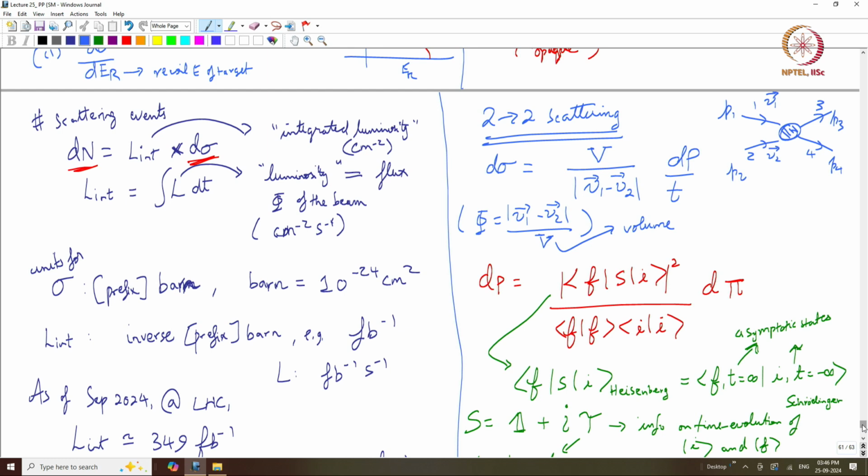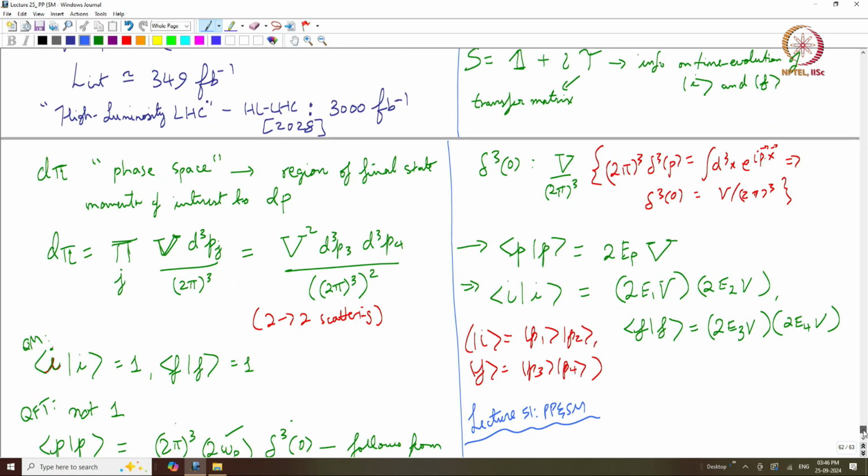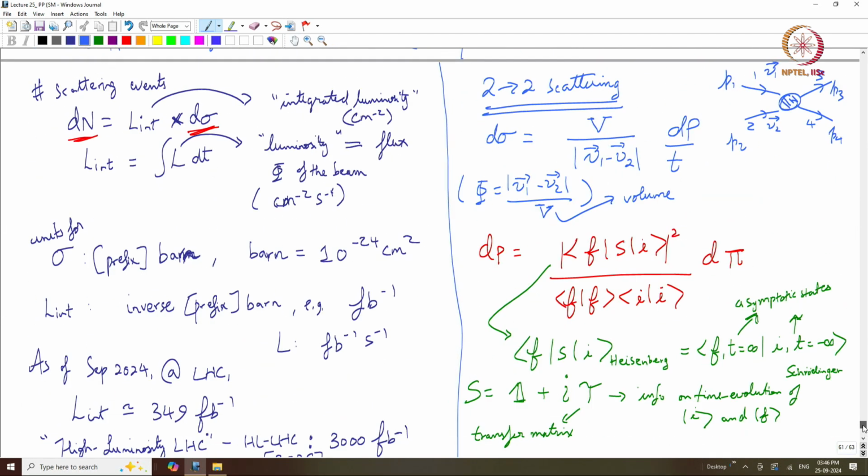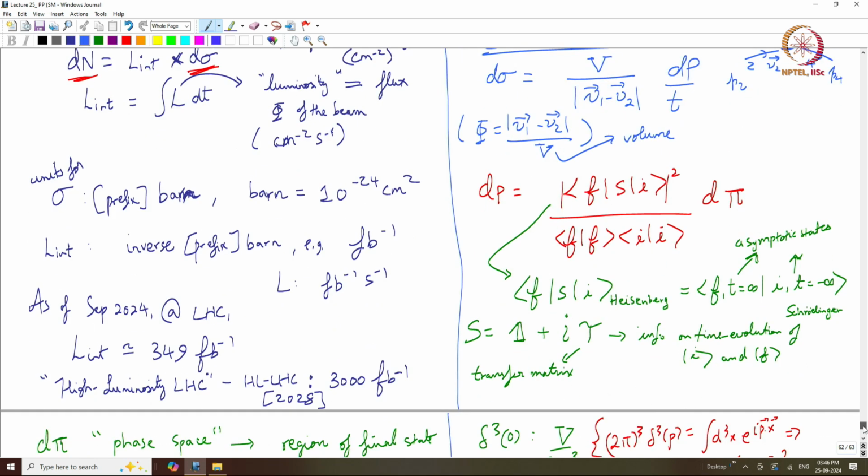So, you integrate the flux over the time of the running of the beam, that gives you the integrated luminosity, which is a measure of how much data you have to work with. And then we came back to 2 to 2 scattering and tried to derive a general expression using QFT notions.